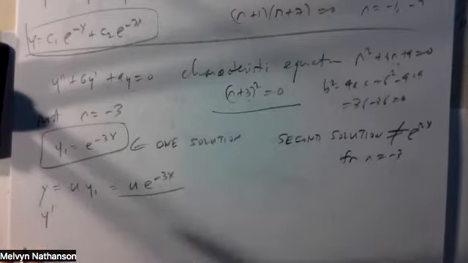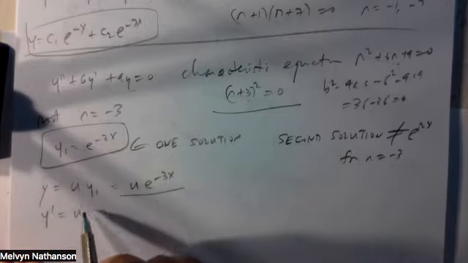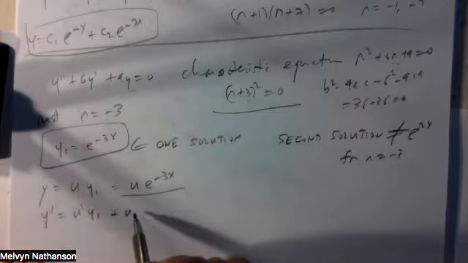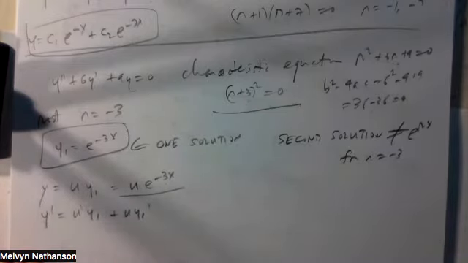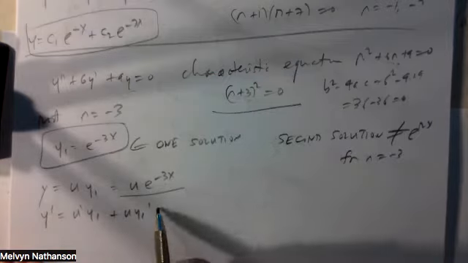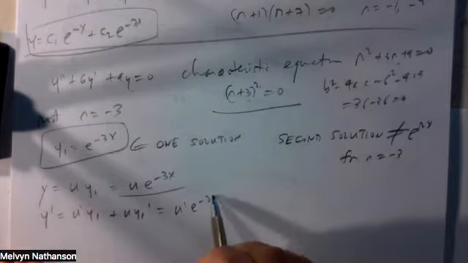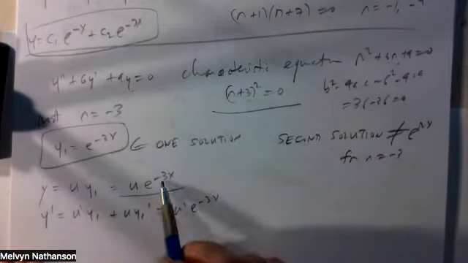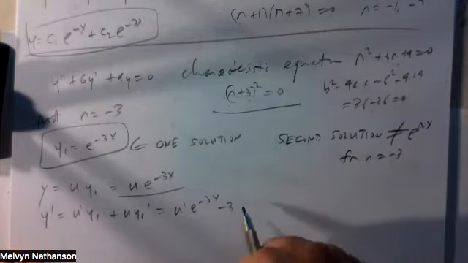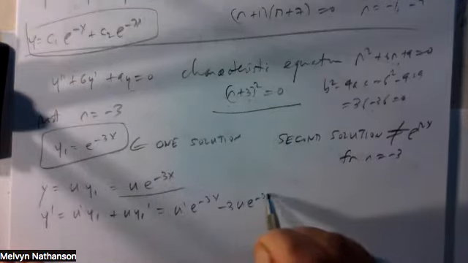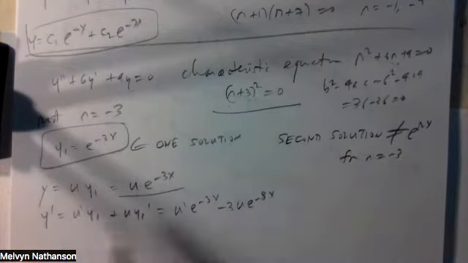So if we differentiate, y prime is u prime y1 plus u y1 prime, or u prime e to the -3x. The derivative of e to the -3x is -3 e to the -3x. That's y prime.